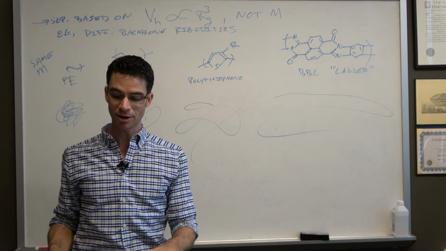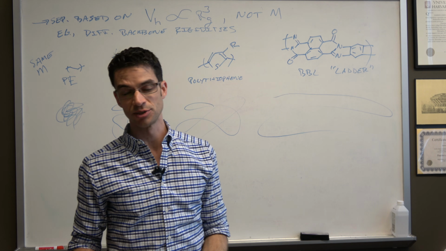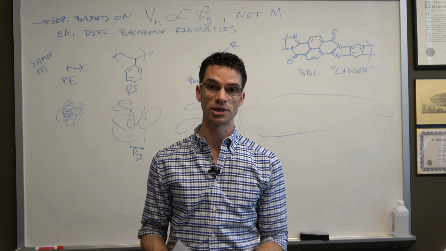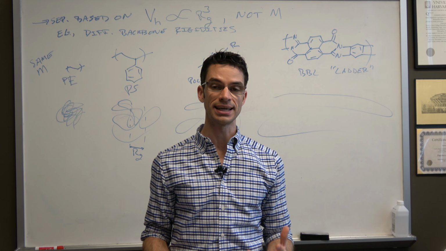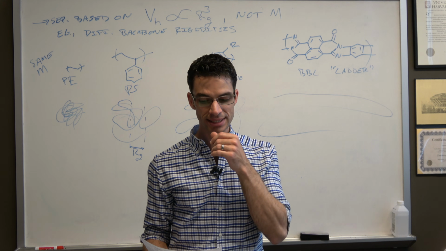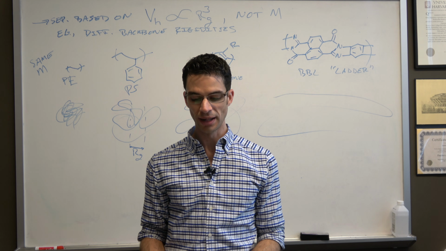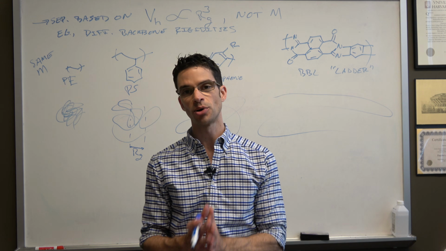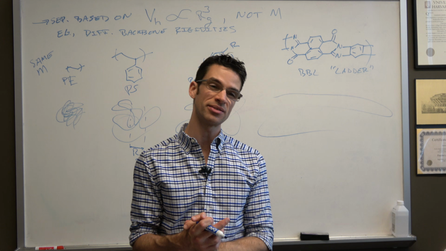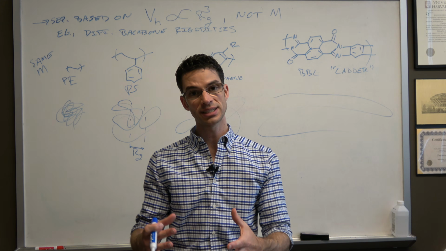So we need to be very careful about which standards we use and interpret all of our data in light of these different standards. There are some other limitations as well. One is that suppose there is some kind of specific chemical interaction with the matrix material.